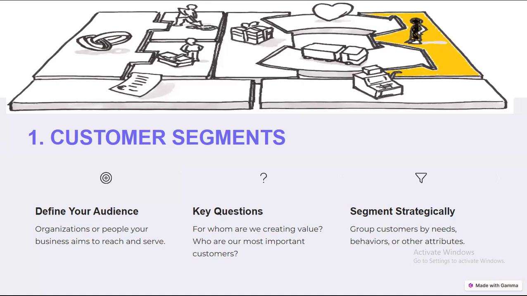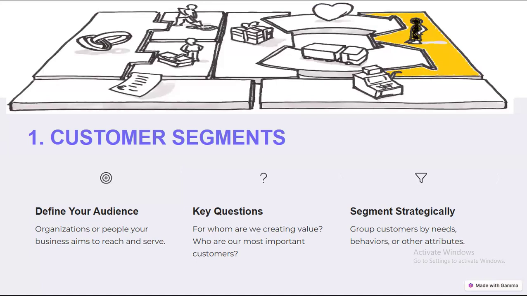Some key questions you have to ask: who are you creating value for, and who are your most important customers?